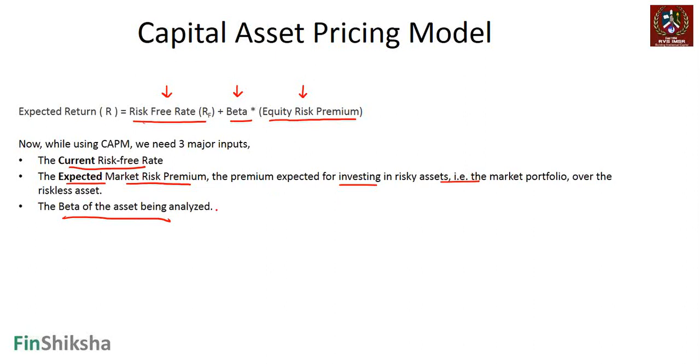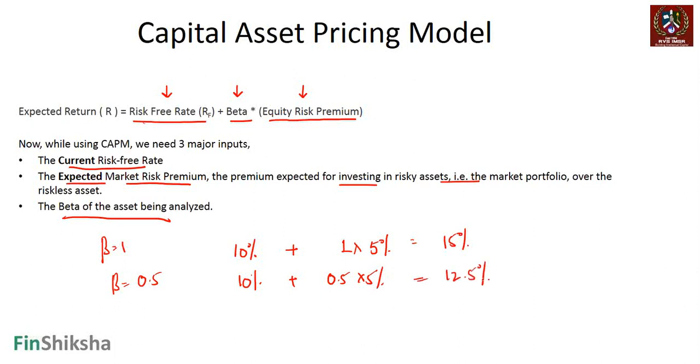Simplistically speaking, if we say the risk-free rate is 10%, just for argument's sake, and the equity risk premium is 5%, once again for argument's sake, then a stock which has a beta of 1 will give us 15%. We are expecting a 15% return there. A stock which has a beta of 0.5 will be 10% plus 0.5 into 5%, so we will be happy with a 12.5% return.